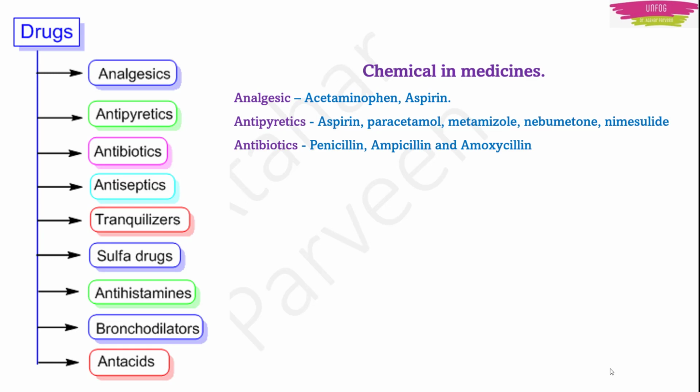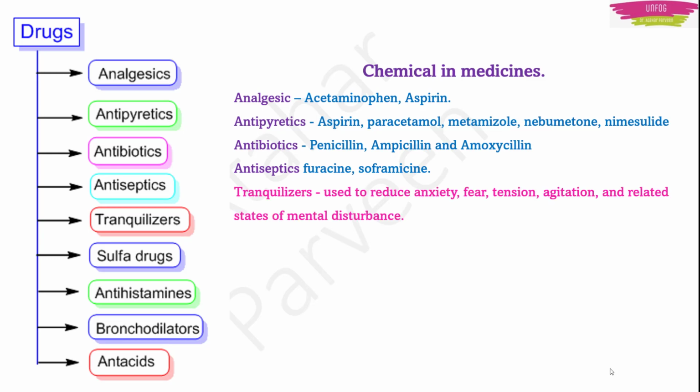Antibiotics: penicillin, ampicillin, amoxicillin. Antiseptics: furacin, Soframycin. Tranquilizers, as I told you, are used to reduce anxiety, fear, tension, agitation and related states of mental disturbance. Examples are Equanil, Veronal, Valium, Chlordiazepoxide, etc.